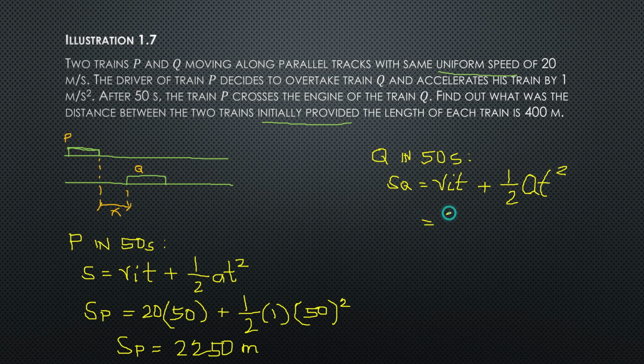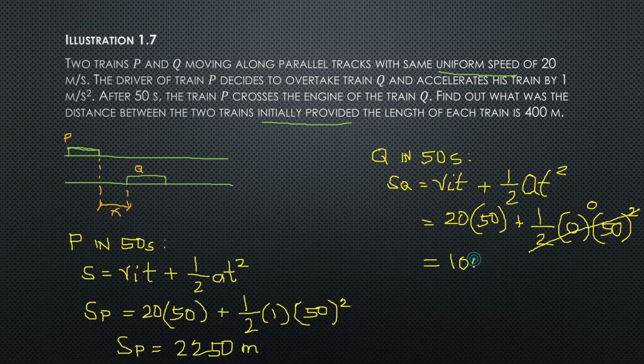Initial velocity is 20 multiplied by 50, plus 1/2 acceleration. Is there any acceleration for train Q? None, so this is 0 and the time is 50. Any real number multiplied by 0 is equal to 0. Therefore 20 multiplied by 50 is 1000 meters.